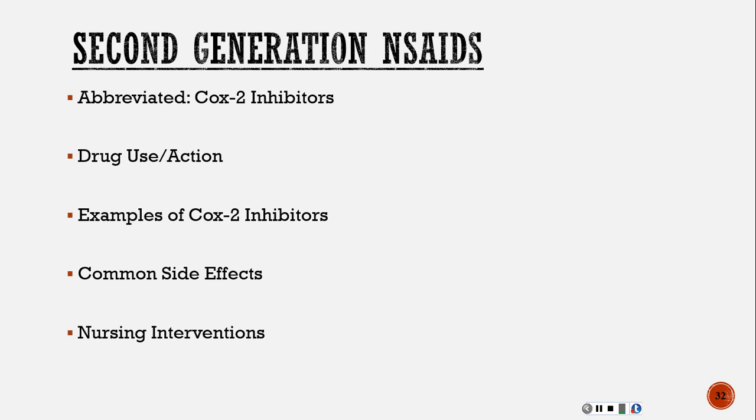Celebrex, Arcoxia. What was the old one that they actually took off? Anybody remember hearing that? I think it's Vioxx, wasn't it? They're looking at cardiac issues related to these medicines. You want to monitor cardiac function, monitor for dysrhythmias.